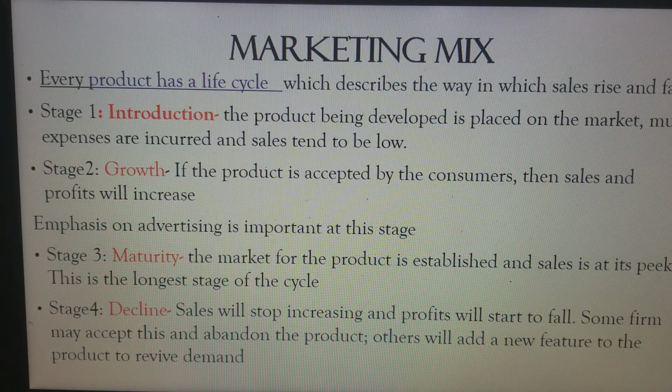Then to bring more life to the demand, they created new side orders, new offerings like sandwiches, zingers, and wings, hot wings, and those kinds of things to revive the demand for the product, so that the demand does not fall. So when it is about reaching the decline stage, the business will seek to add some new features to the product to revive the demand for it.